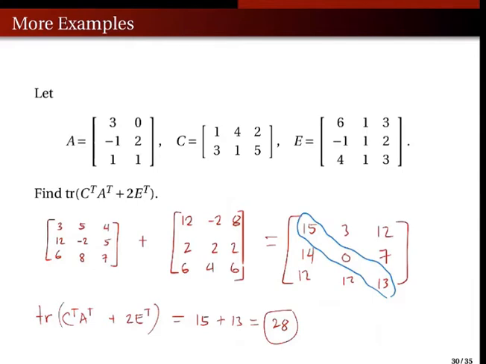Because when I do that in one set of questions, what do I check? I check if you know how to get the transpose. I check if you know how to multiply matrices. I check if you know how to do scalar multiplication. I check if you know how to add matrices.